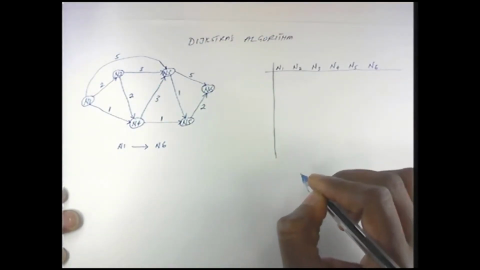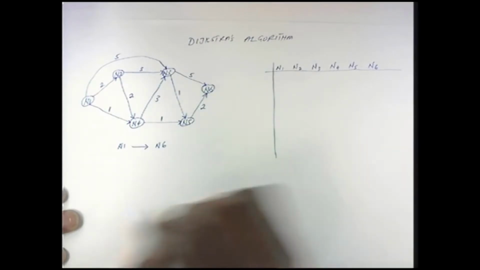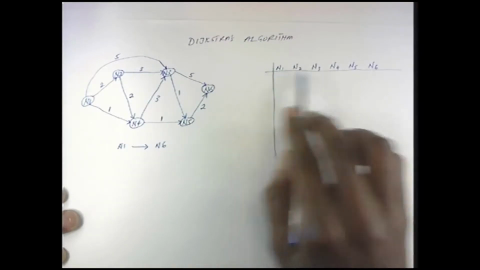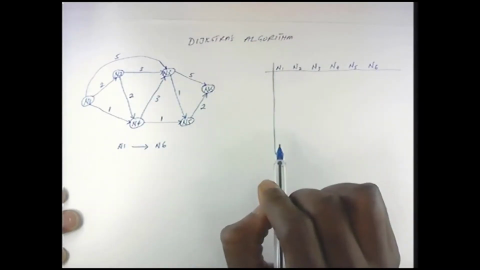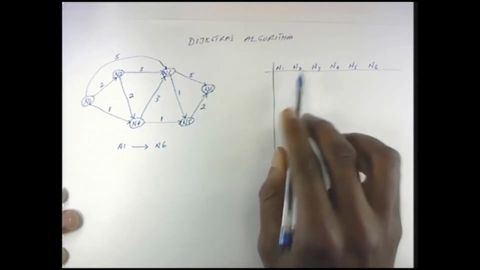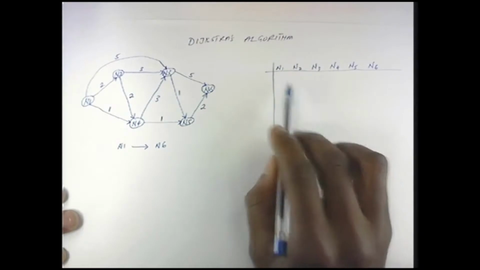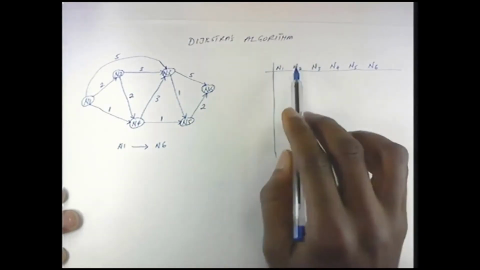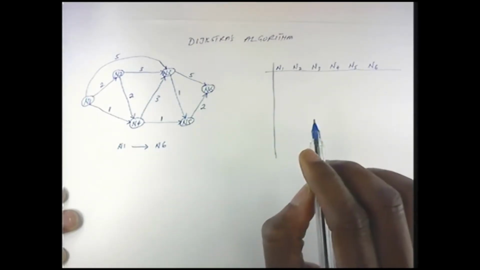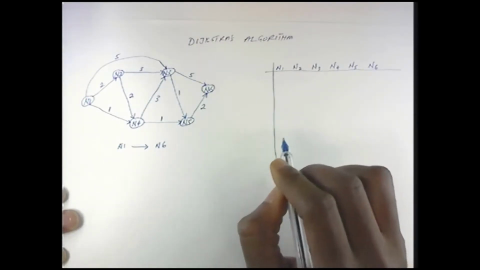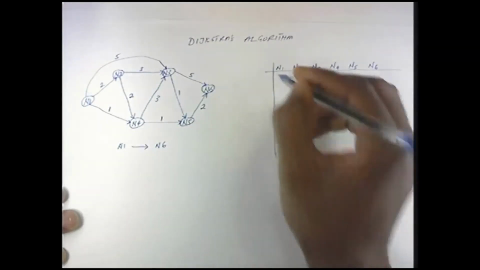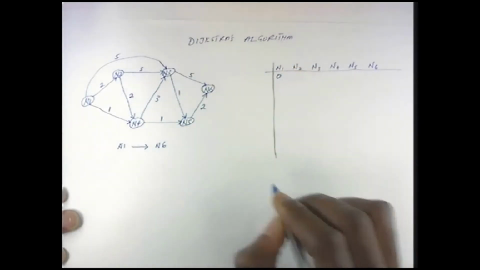Our starting node is node 1, and that's why this has been arranged that way. If your starting point is node 2, then you arrange it likewise. So we would start with node 2, then node 1, node 3, node 4, node 5, node 6. Now, if node 1 is going to itself, we represent its cost with 0.